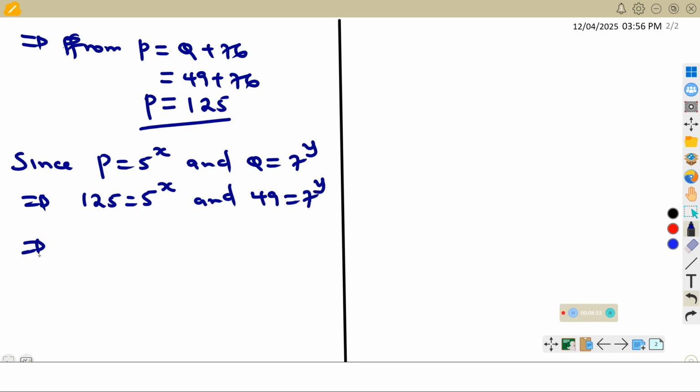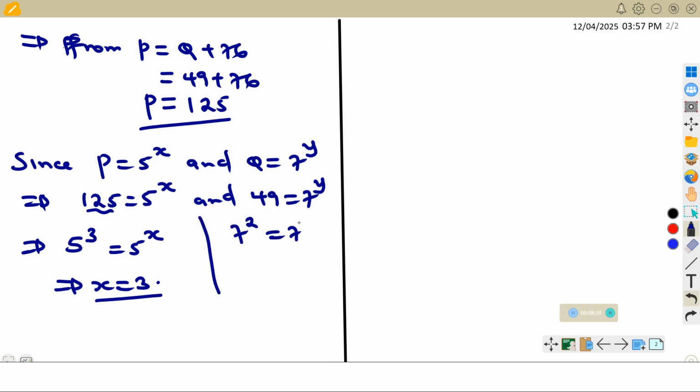So 125 is the same as 5 to the power 3, which is the same as 5 to the power x. Since the bases are the same, we can equate the powers, and x will be equal to 3. Also, 7 squared will be equal to 7 to the power y, and the bases are the same, so y will be equal to 2. So we are able to get the value of x and the value of y.